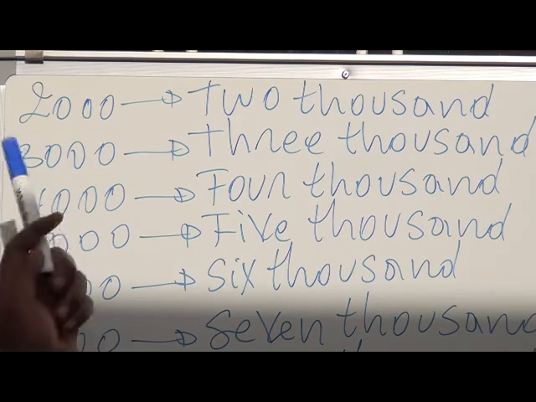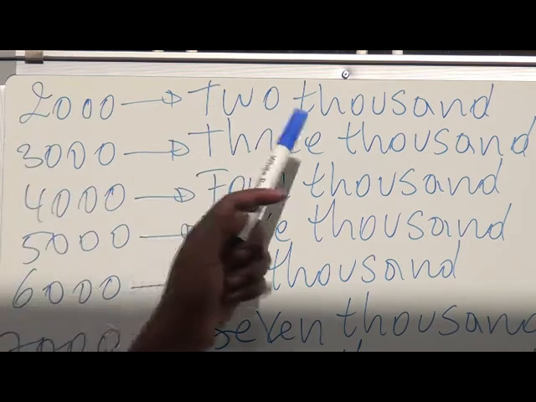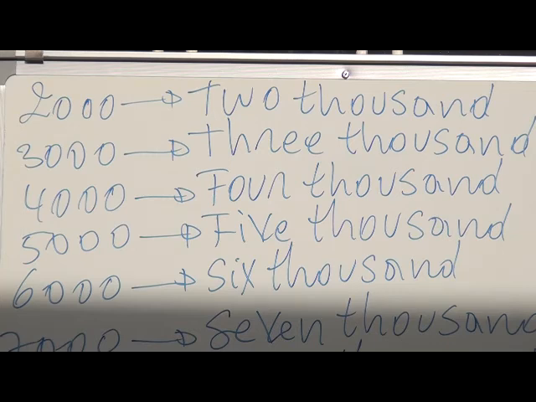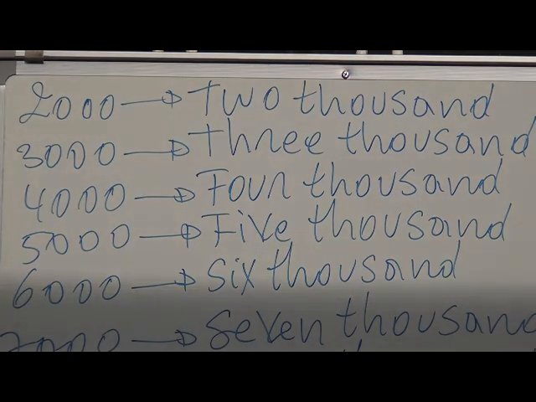So this is 2,000. And here we have 3 and 3 zeros. We will only read the 3, and those zeros we will say 1,000. So here it is 3,000.